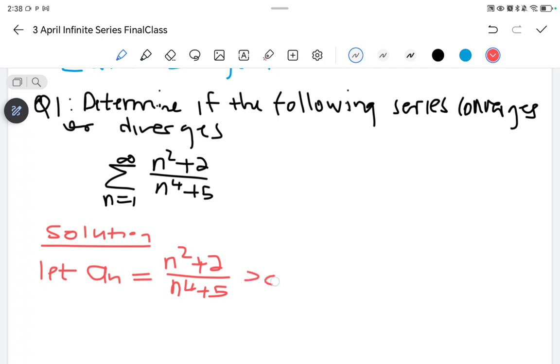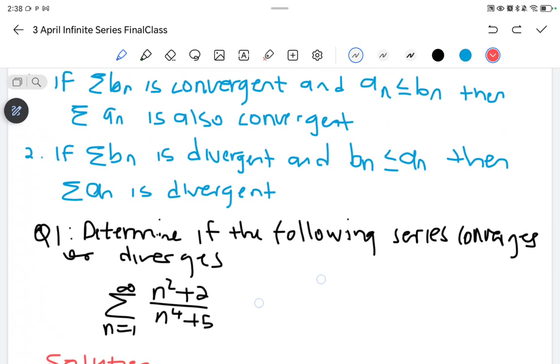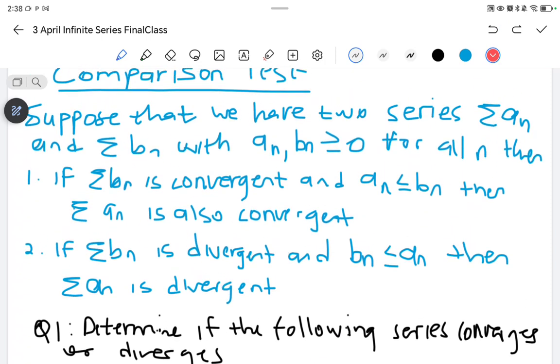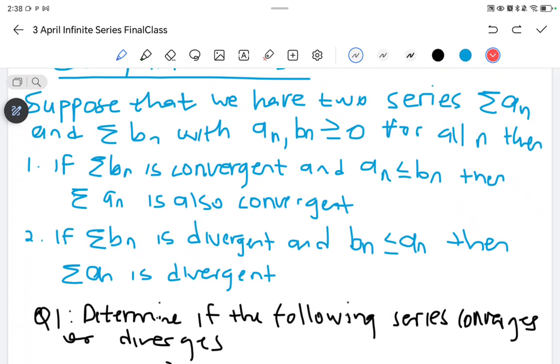Now, according to the definition, I need two series, a of n and b of n. So I need to generate a b of n so that I can compare them.